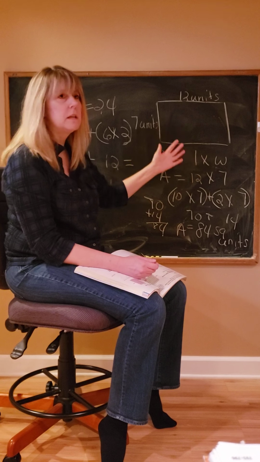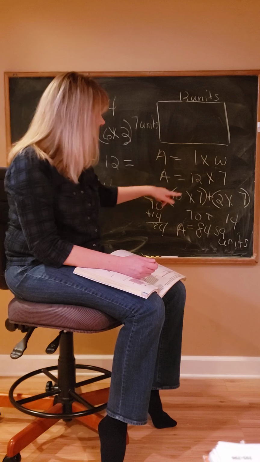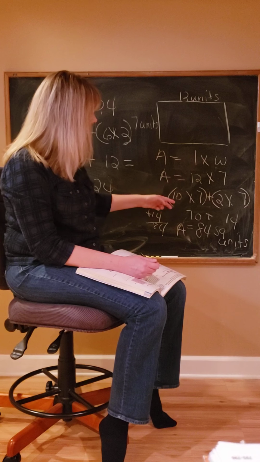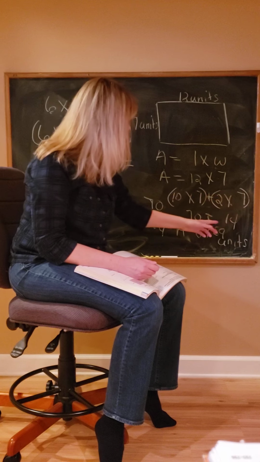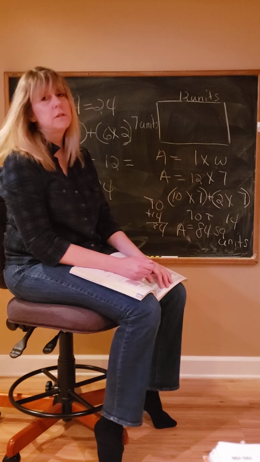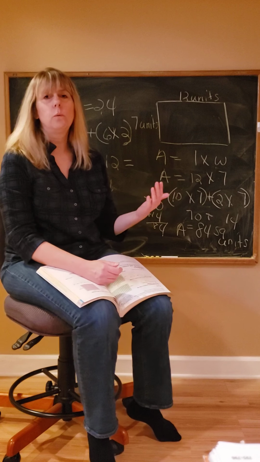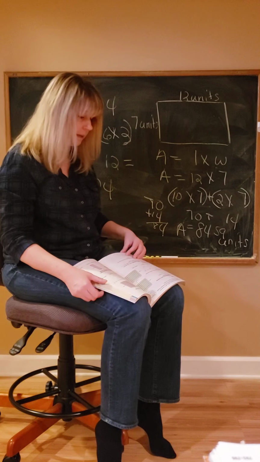I can say 10 plus 2 equals 12, so I can put my 10 on the left, my 2 on the right, and I'm just going to multiply what I have in parentheses. 10 times 7 is 70, 2 times 7 is 14. I add both the numbers together, and I get 84. That is all we're doing. You guys have done this before. You guys know how to do it. It's going to be easy peasy.